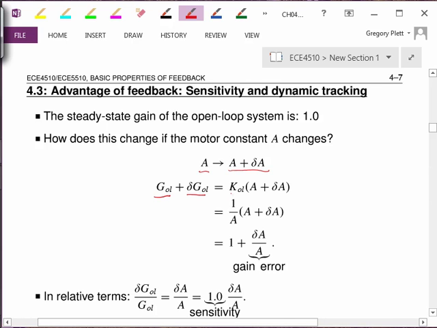The original gain was K open loop times A, but in reality the total gain is going to be K open loop times the real value of A, which is A plus delta A.